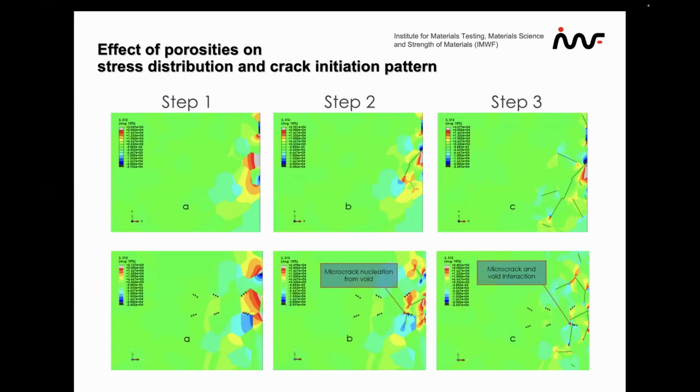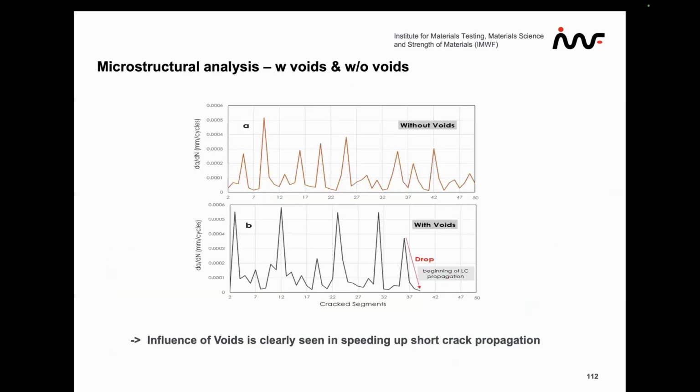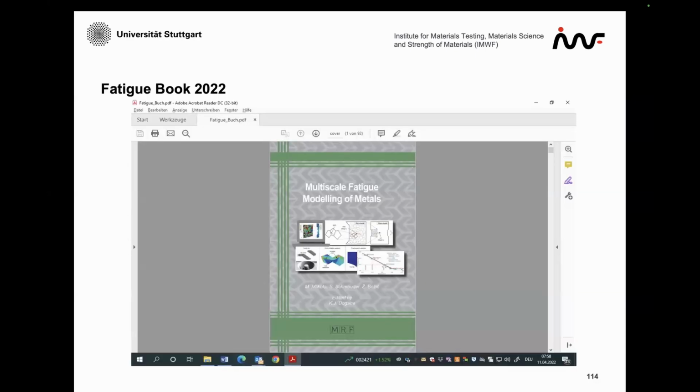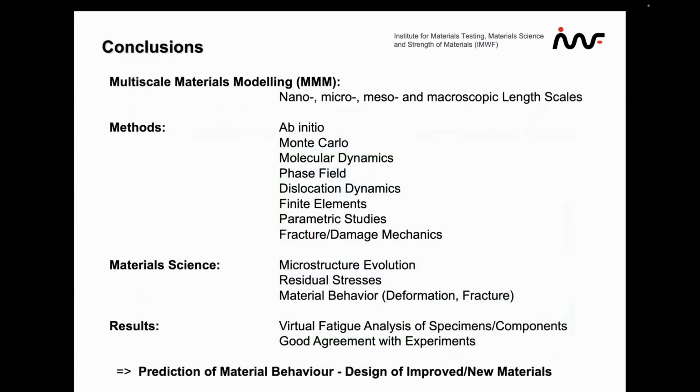But if we study the crack propagation, we can see that the voids strongly influence the individual cracks which emanate. This can even be better seen in this last slide here, where the voided material is the upper one, the purple one, and the blue one is the unvoided material, which has much longer endurance times. We have summarized some of these studies in this newly appeared book on fatigue.